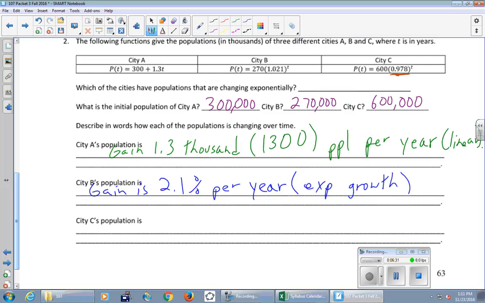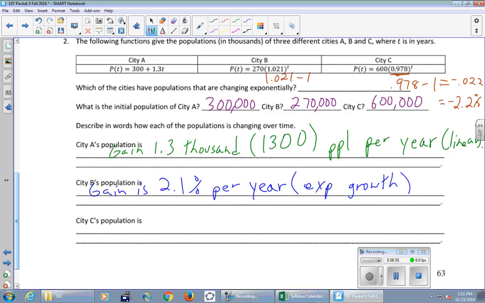It's 0.022, yeah? So you just take 0.978, subtract 1, just like we took 1.021 and subtracted 1. It's consistent. It's not like it's a different case. Just subtract 1 every time. And in this case, negative 0.022. And so that's negative 2.2%, right?